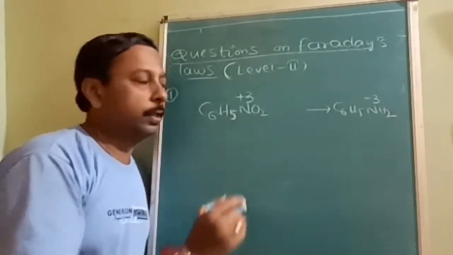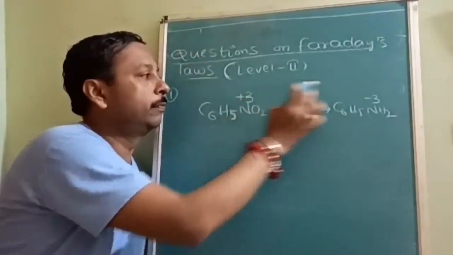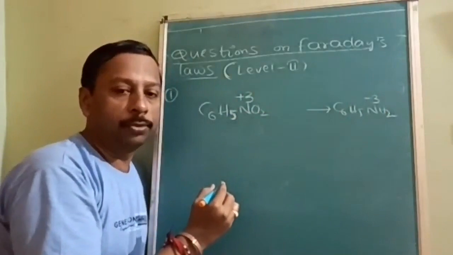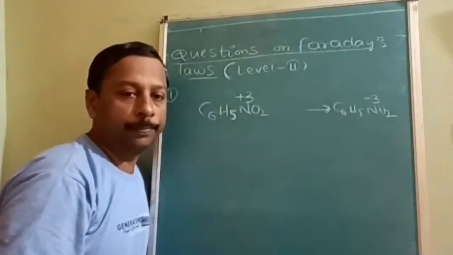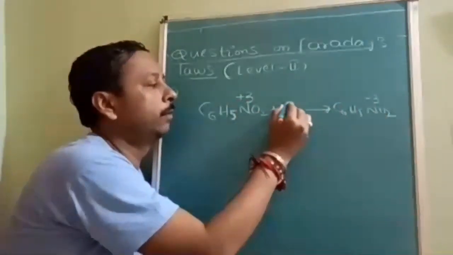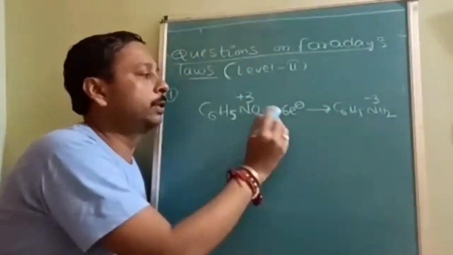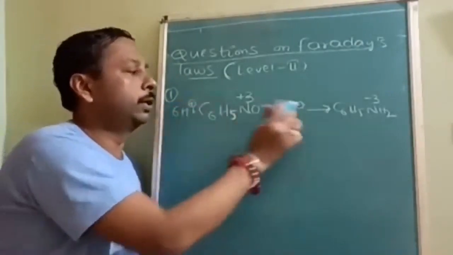During this reaction, the oxidation number of nitrogen is changing from +3 to -3. So what should I write? I should write the electrons on the left side or right side. If it is to be converted from +3 to -3, I have to write 6 electrons. There will be some charge transfer, so 6H+ also we have to write to compensate the electrical neutrality.